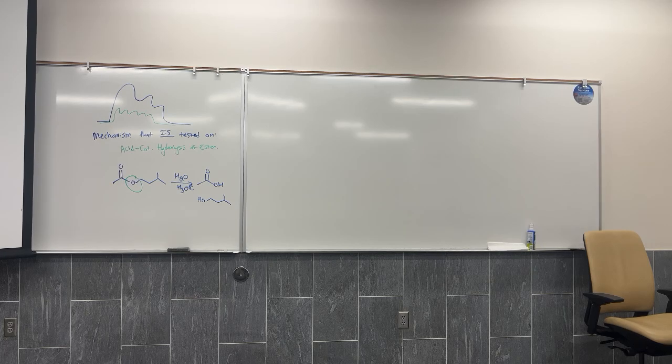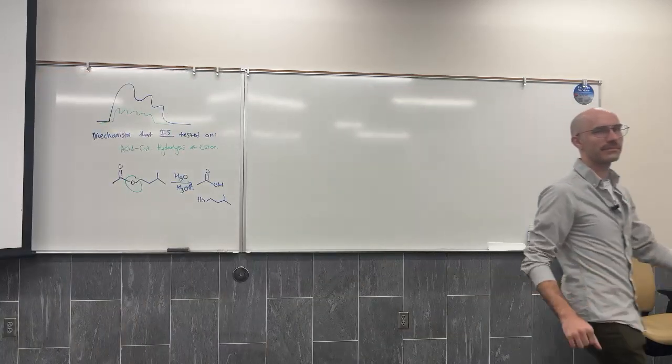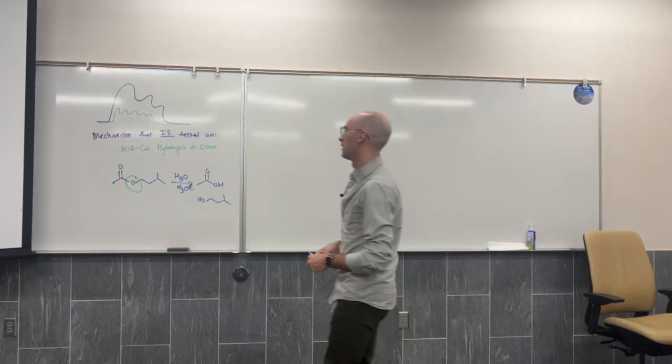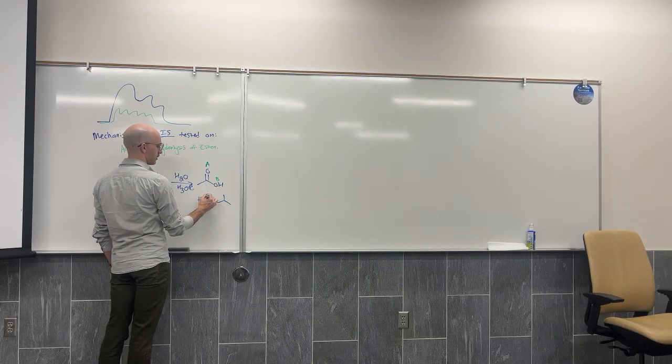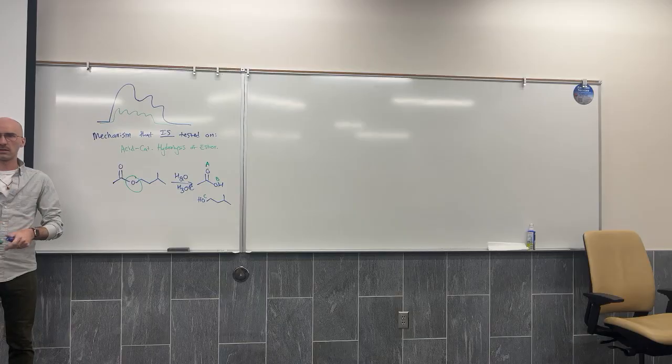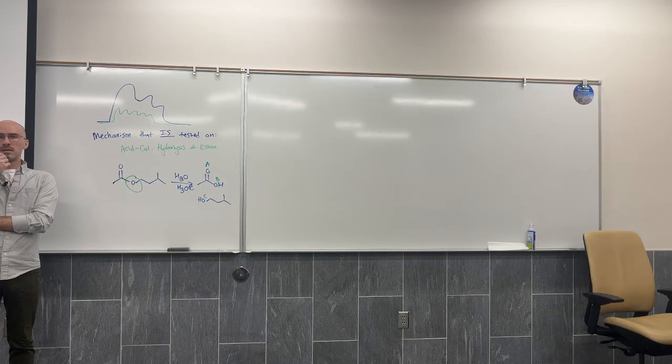What are your thoughts? Let me help by just labeling some of these so that it's a little bit easier for us to talk about them. Now, you have some options.